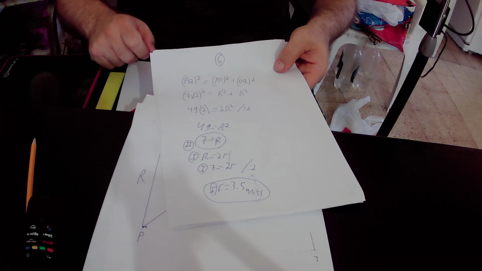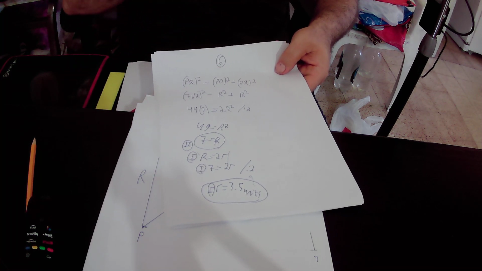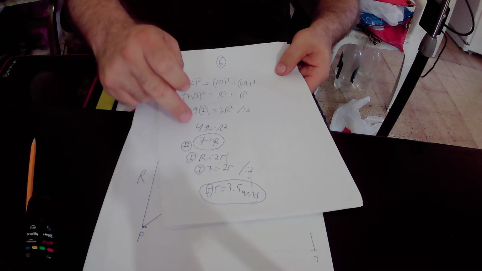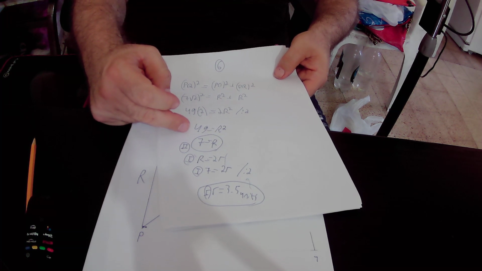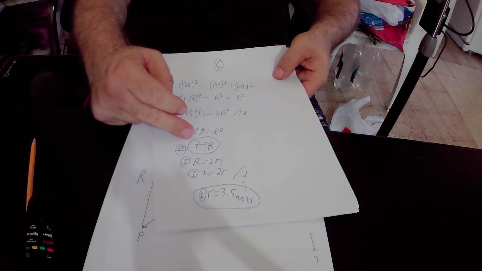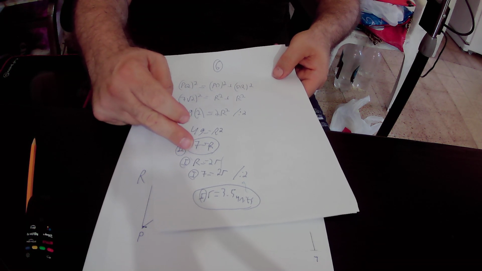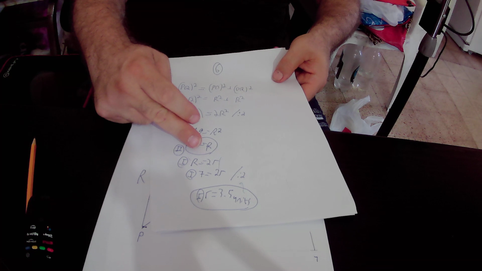It is very simple to solve the equation. We get the equality that capital R equals 7 units, but we have equation 1 that states that capital R equals 2 times small r.